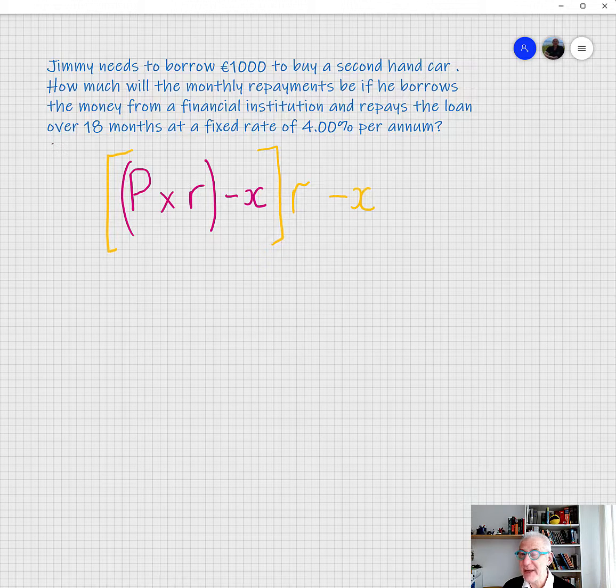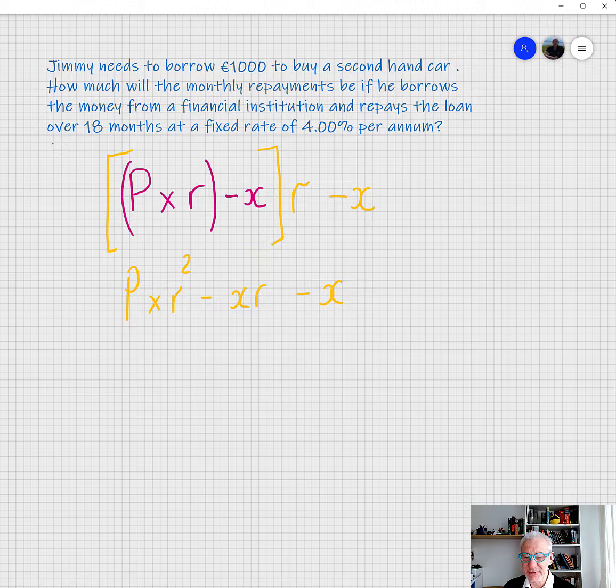Let's expand it out a bit so we can start to see the pattern. P times R minus X times R gives us P times R squared minus X times R, and then we subtract the X.